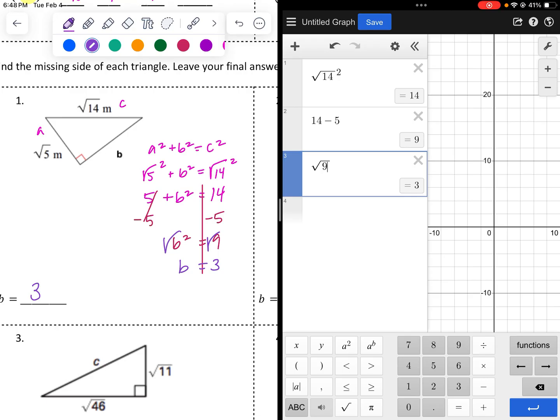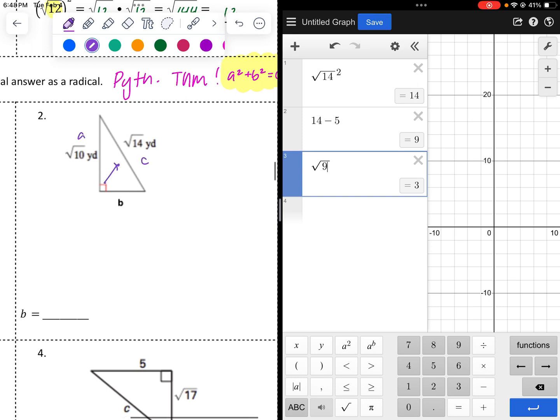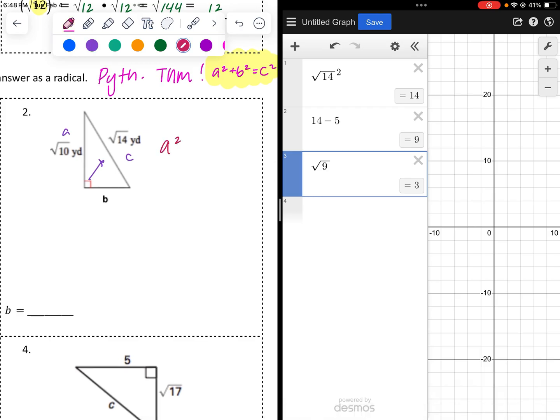Let's look at number 2. Same exact thing. Looking at my triangle, across from my right angle is c, and we're trying to find b, so I have a. When I rewrite my equation, a squared plus b squared is equal to c squared, a in this case is radical 10, so I have radical 10 squared plus b squared. We don't know what b is just yet. c is again radical 14 squared.